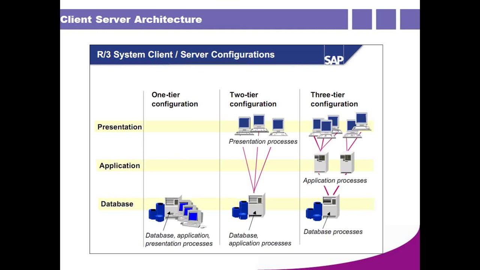In that kind of environment we use this one tier configuration, because unnecessarily buying three servers, one for the presentation layer, one for SAP and another for the database, is a waste of resources when we are using them only temporarily. So we install these three on a single box, give the training, and continue.